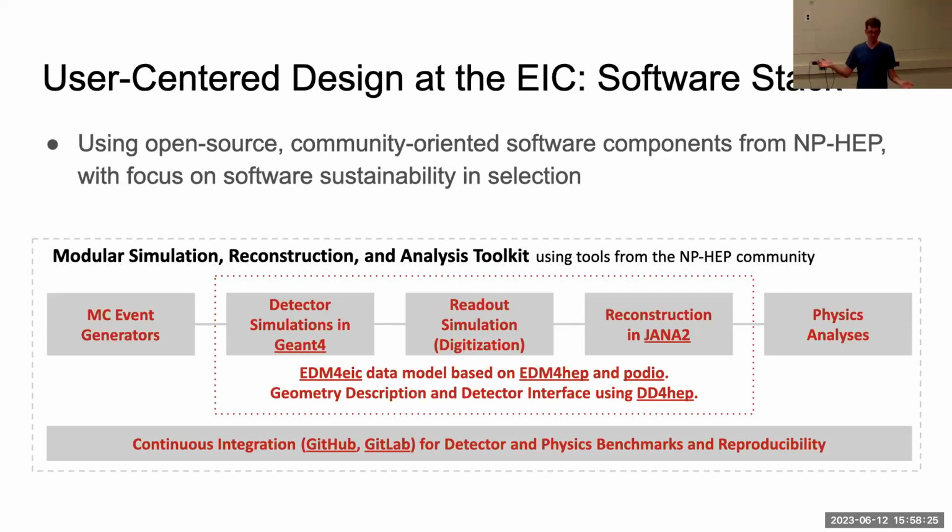It runs a number of different analyses and checks that you didn't screw up something. It checks that the reconstruction still reconstructs the energies of clusters in the electromagnetic calorimeter correctly. It checks that things are reproducible.